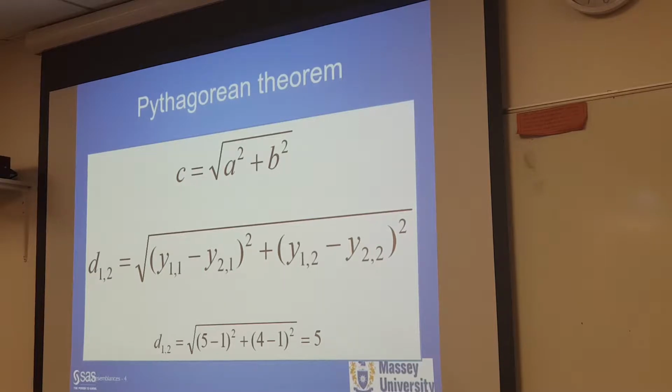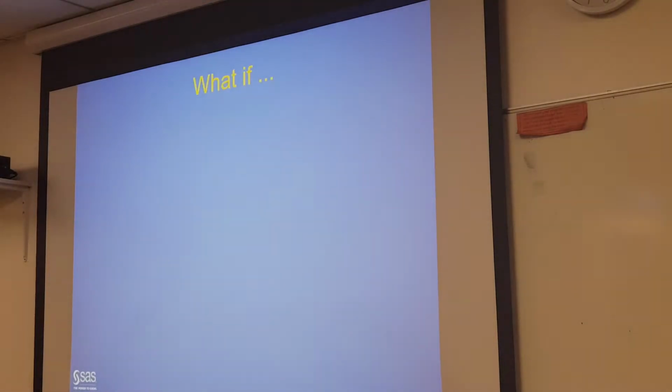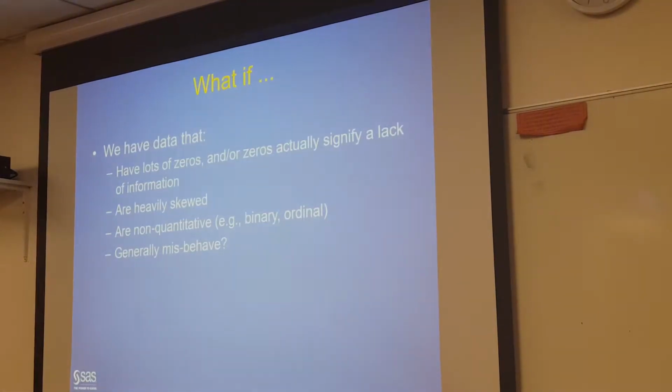Obviously, in this case, it's going to be pretty trivial. But it turns out that in a lot of situations, particularly for biologists, but also true for other scenarios, you might want to consider other types of distances. You might have data that has lots of zeros, or for some reason the zeros actually signify a lack of information. You might have data that are heavily skewed.